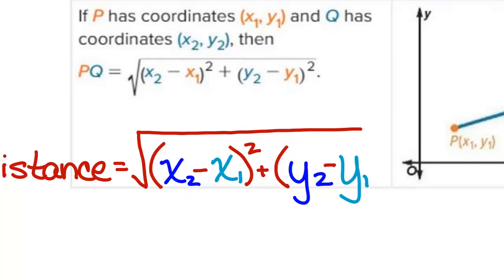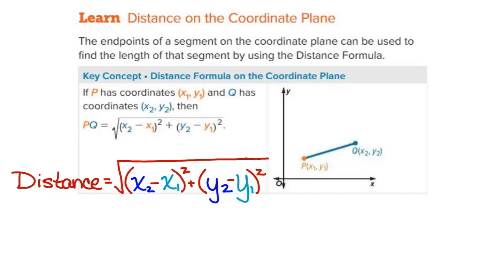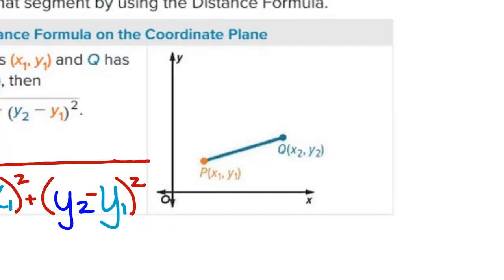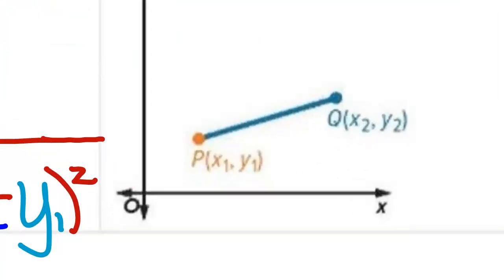The distance formula is the square root, and then underneath our square root sign, we subtract the x parts of our coordinates, just like we're finding distance on a number line, just like we did yesterday where we subtracted the two numbers on our number line. My horizontal x's get subtracted, and then they get squared. And then we do the exact same thing with the y's.